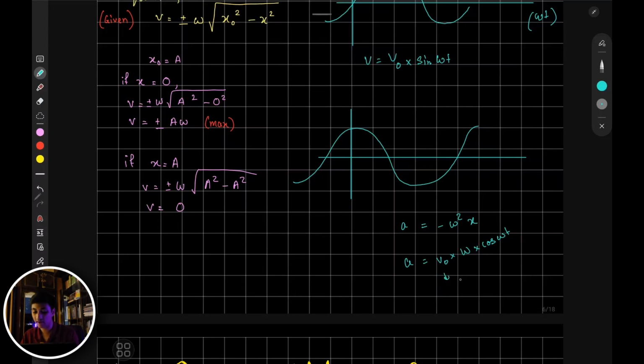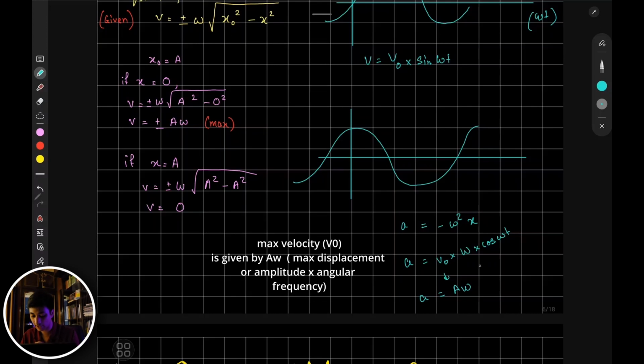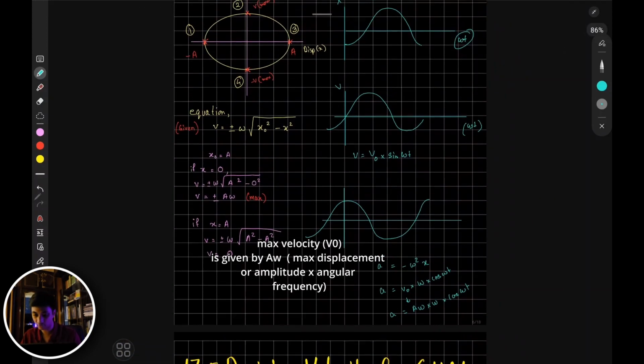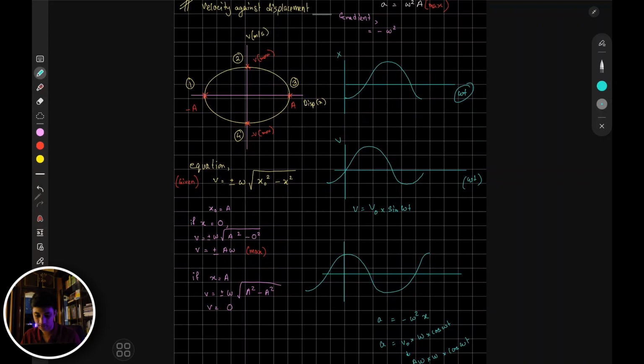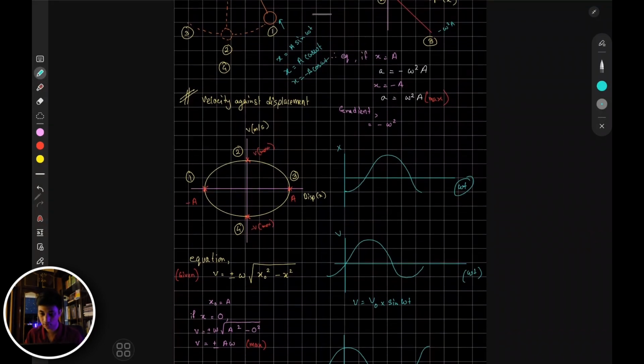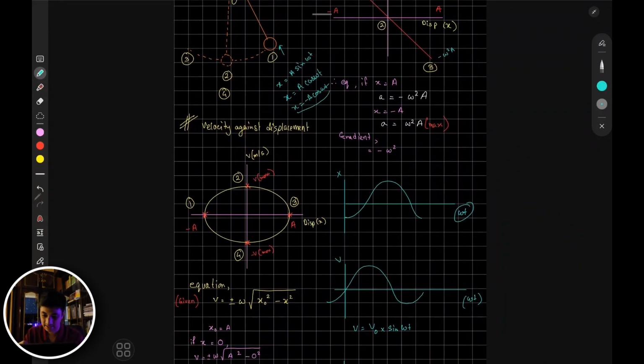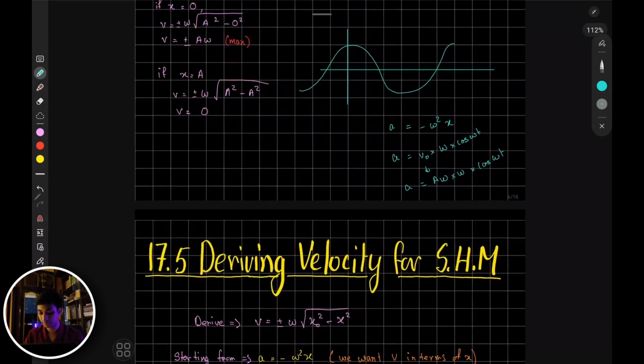Therefore, you can break v naught into a = a omega times omega cos omega t. Now from the initial equation, you can say that x = minus a cos omega t.